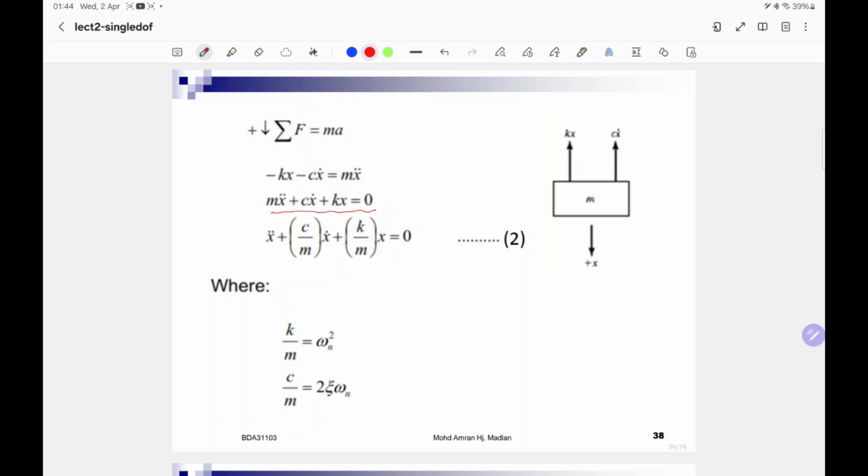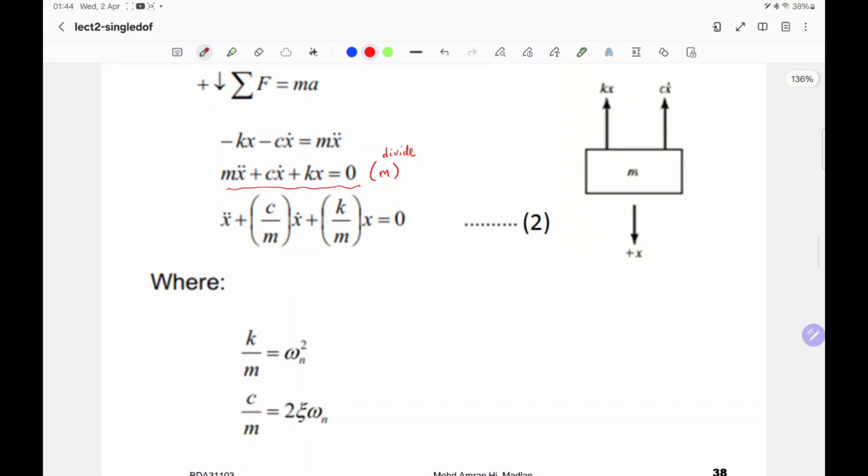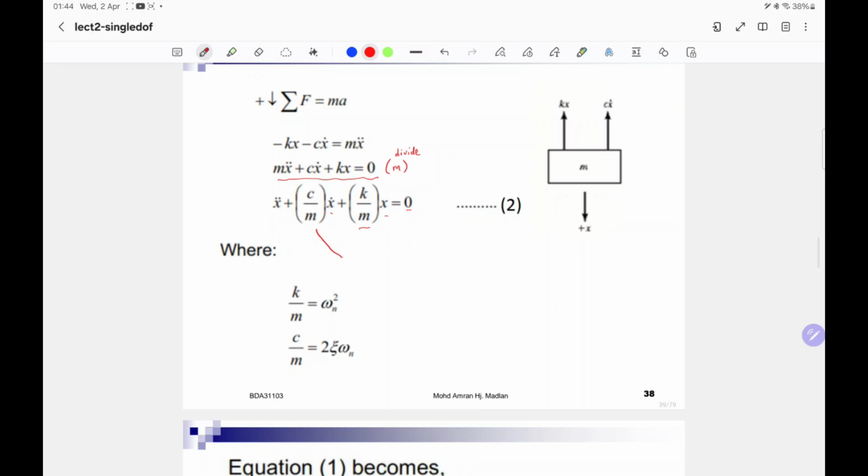If this is the equation of motion for free vibration damped system, and if I divide everything by the mass m, the equation will become x double dot plus c over m x dot plus k over m x equals 0, where c over m can be written as 2 zeta omega n, while k over m is omega n squared.